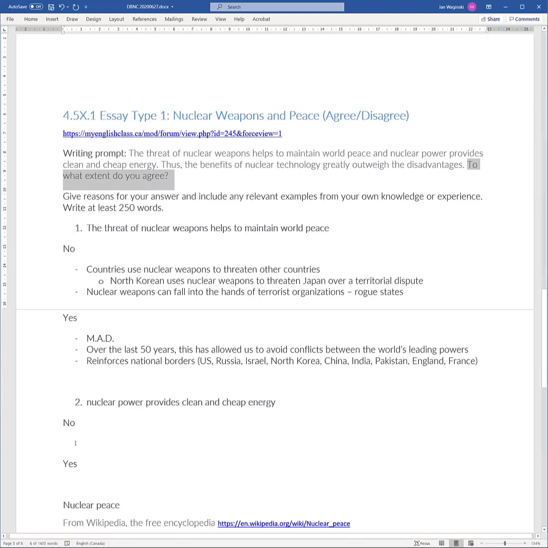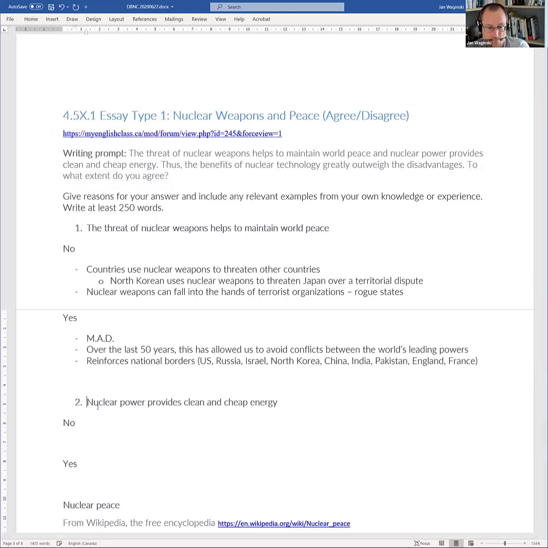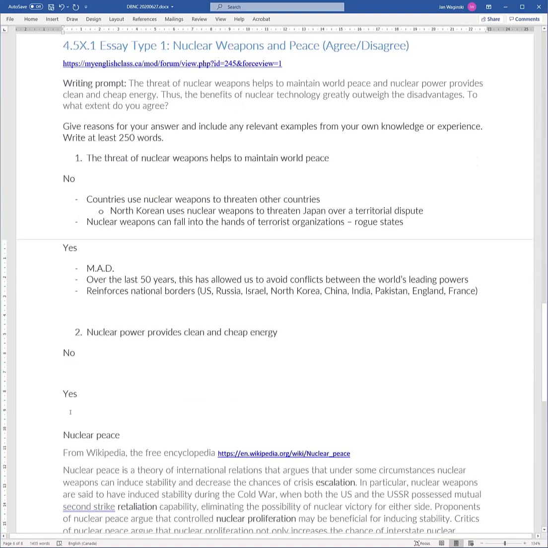Okay, so does anyone have any arguments for nuclear power provides clean and cheap energy? Yes or no? Let's start with Dina this time. Do you agree that nuclear power provides clean and cheap energy? Yes, I agree. Okay, why do you say that?